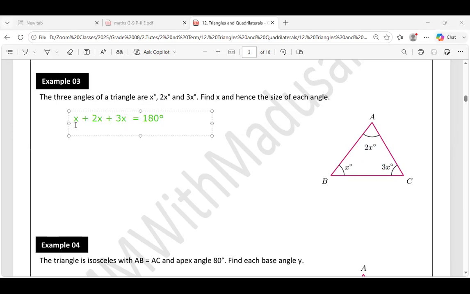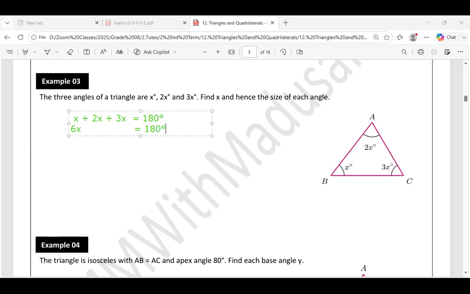Now this is something like apple plus 2 apples plus 3 apples. Like terms: x plus 2x plus 3x, 6x. 6x is equal to 180.